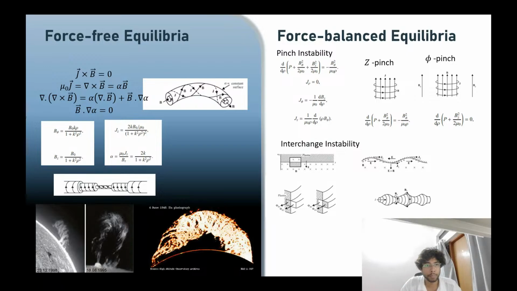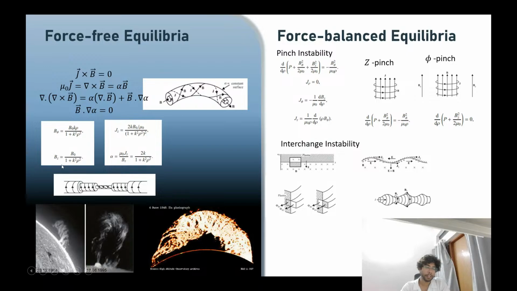This gives you the magnetic field as a function of distance from the axis. As you go further from the axis, the z component decreases, but the phi component decreases much more slowly. In fact, B phi will be larger at some larger radius.